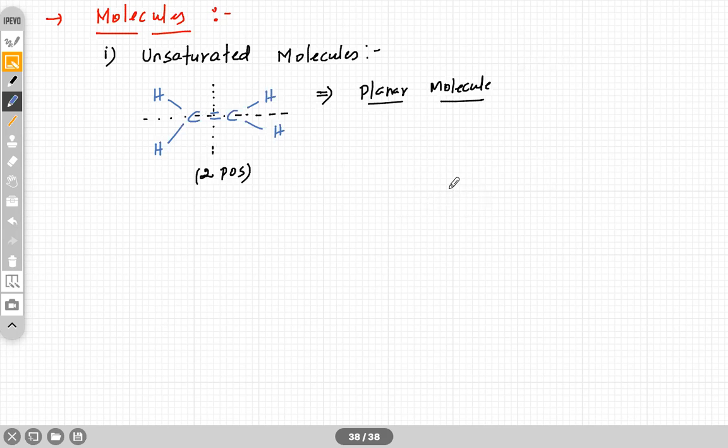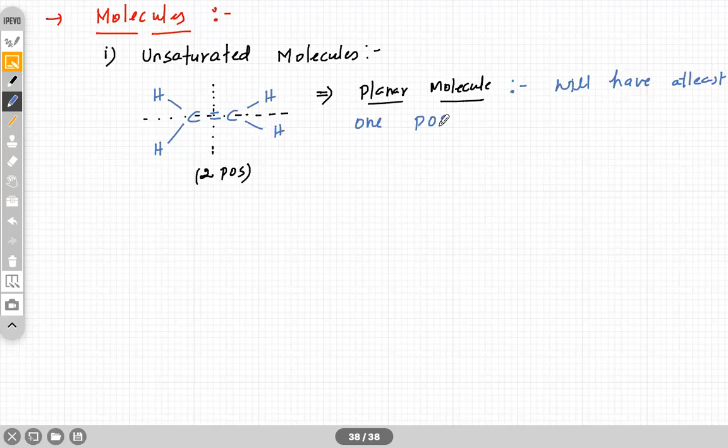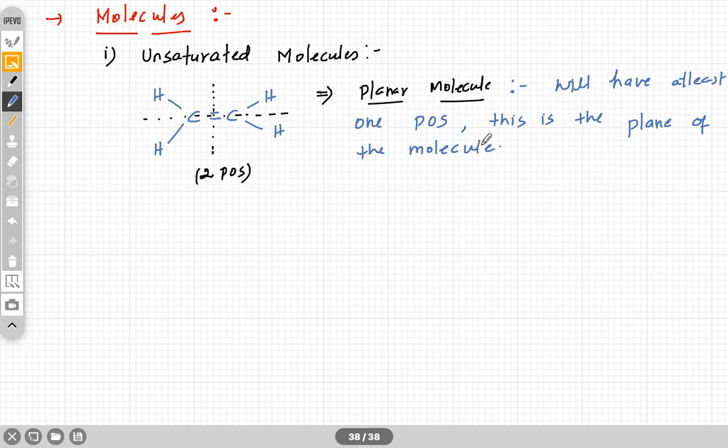So any planar molecule will always have at least one plane of symmetry, at least one POS, and this is the plane of the molecule.